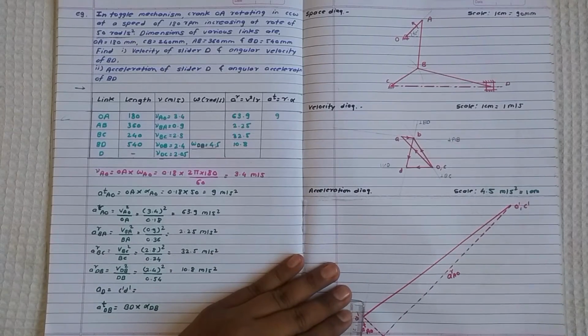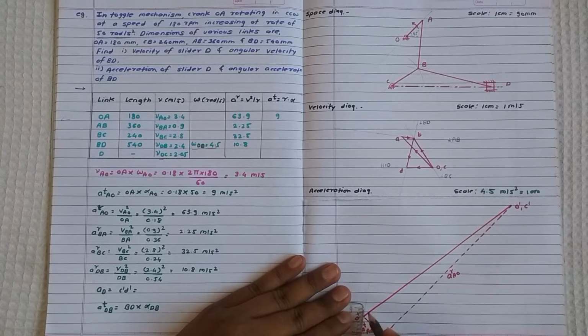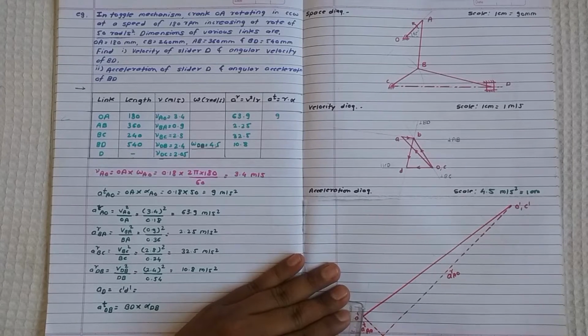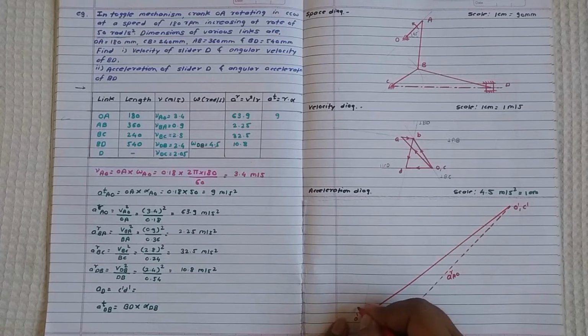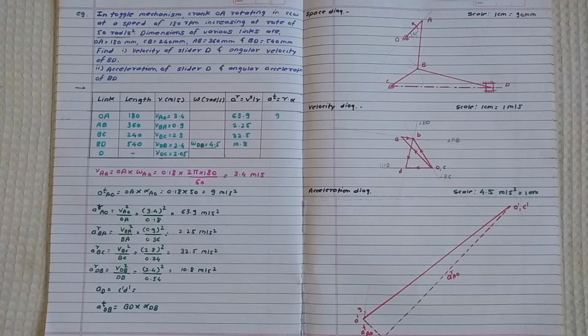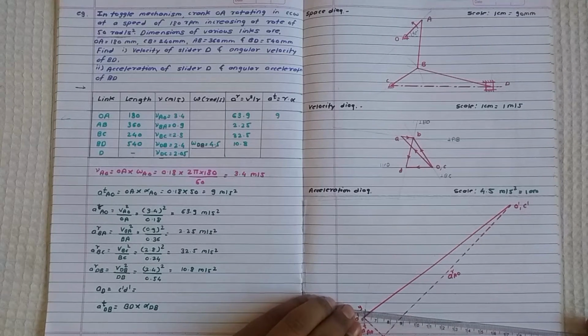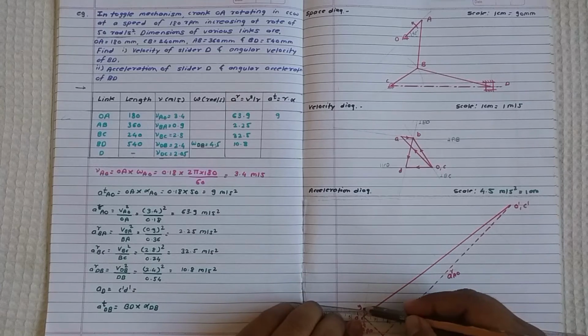So let us mark 0.5. It will be very small. Join it with a dotted line and give the name Y. Now its tangential component will be perpendicular to this. We don't know where it is exactly, but just draw a perpendicular line.